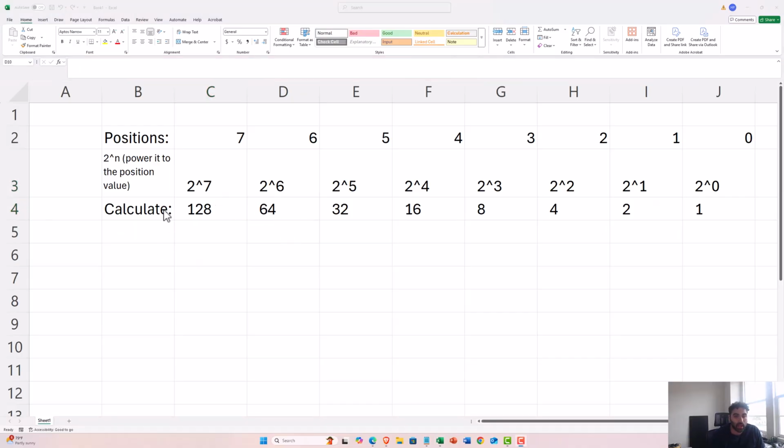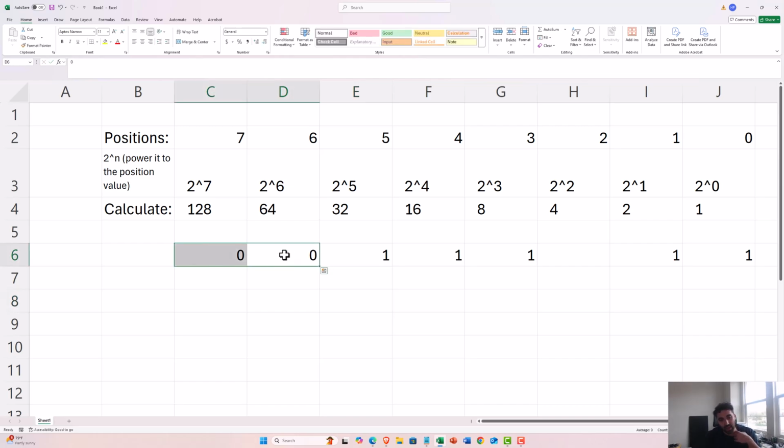So what does this calculated number actually mean, other than the solution to 2 to the nth? What that means is that, for example, this 32 at position 5, if the data stream of bits is all 1s, starting from position 0 all the way up to position 5, the total is going to be 32.